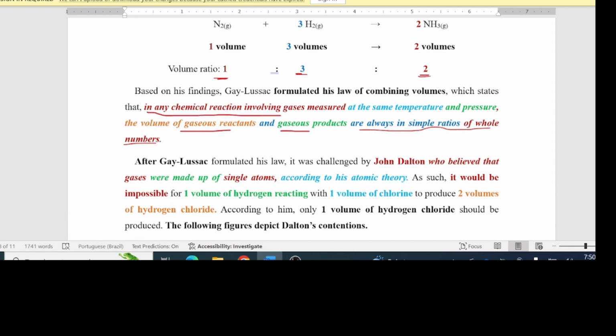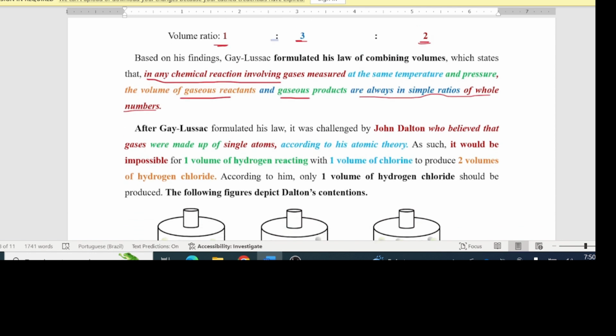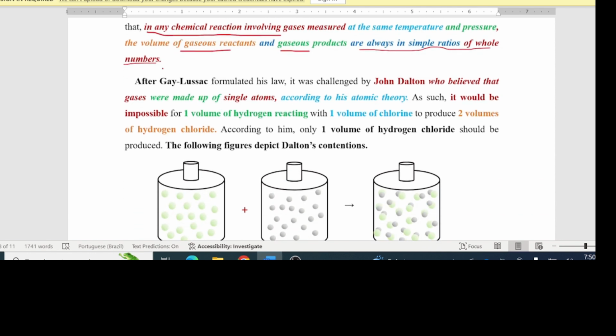Now watch this. Some controversies developed. After Gay-Lussac formulated his law, it was challenged by John Dalton, who believed that gases were made up of single atoms according to his atomic theory.